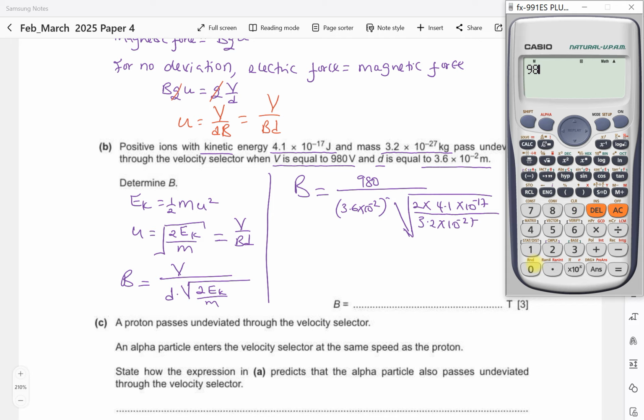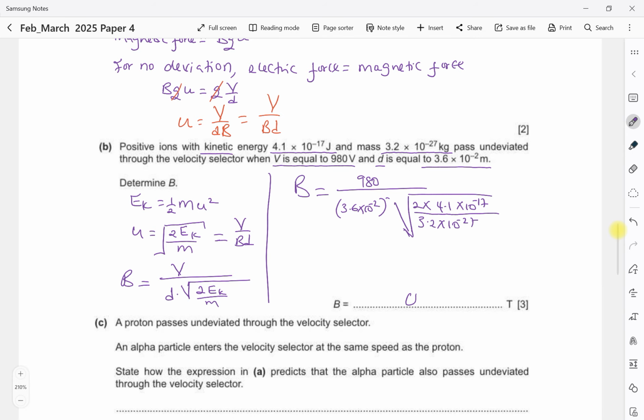So I have 980 divided by this answer. I'm getting 0.17.